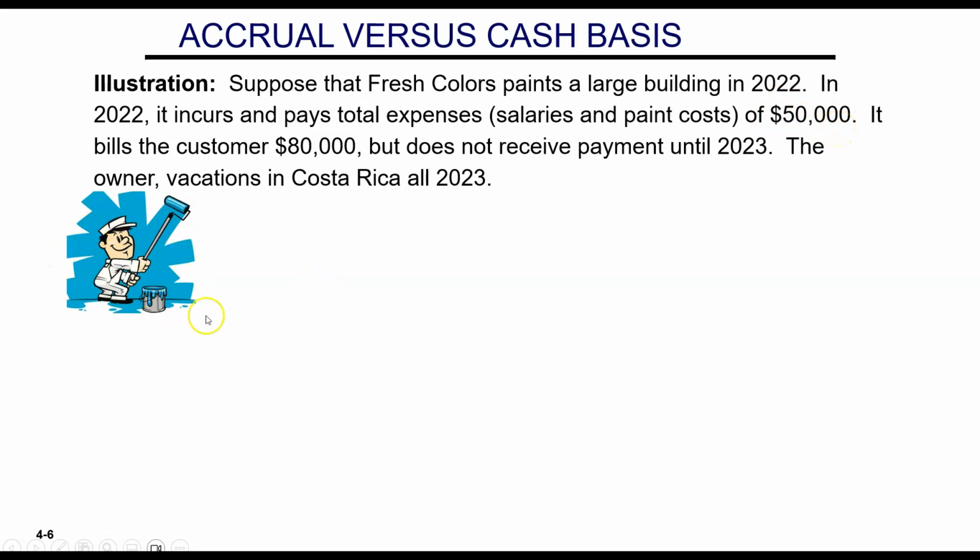So they're painting away in 2022, they pay for wages, they pay for paint, and then they give the customer an $80,000 bill, but we don't actually receive payment until 2023. And that's when this owner here is going vacationing in Costa Rica.